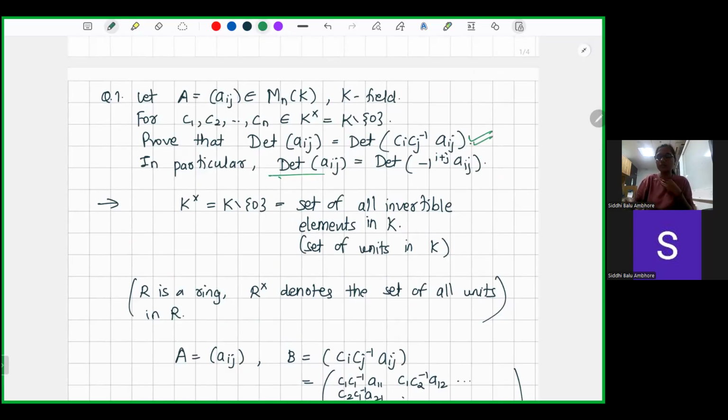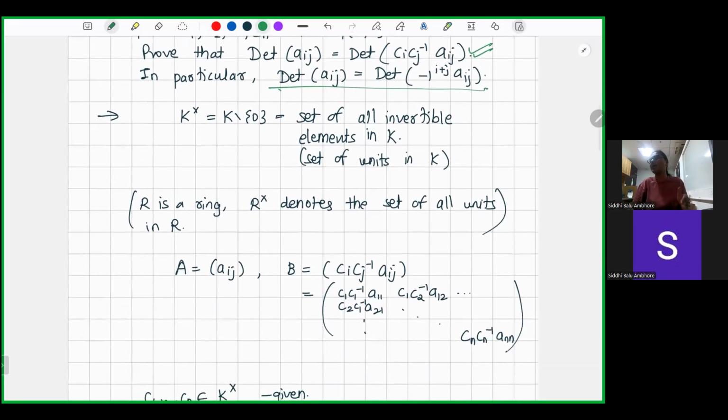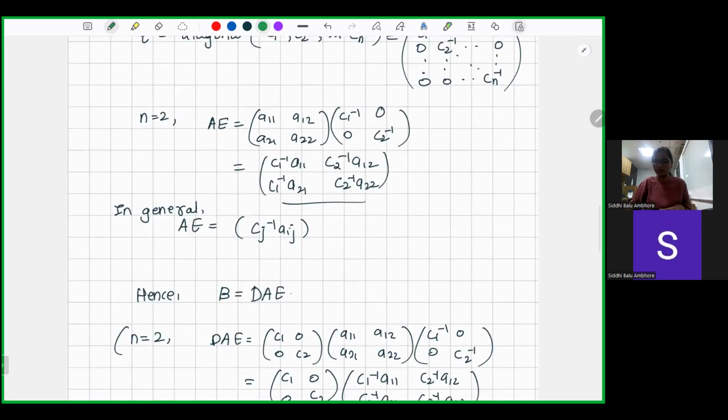Okay, now for this particular case, that determinant of Aij is determinant of -1 to the power i plus j. So what we need to do here is a similar thing. Second, we have to see what my Cis will be.